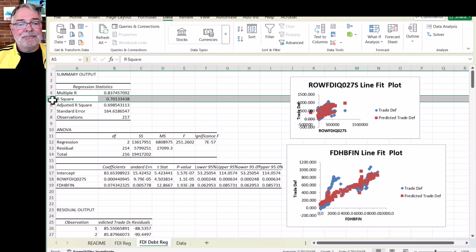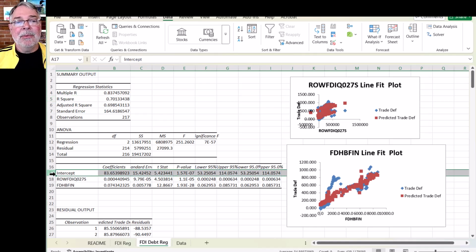That's not bad. Now, I still am a little wigged out that we have these big intercepts, right? What's the significance of an intercept? Well, that's the prediction the model makes if everything was zero. Because the FDI can go positive or negative, there could be a neutral point there. With federal debt held by foreign individuals, that's never zero, right?